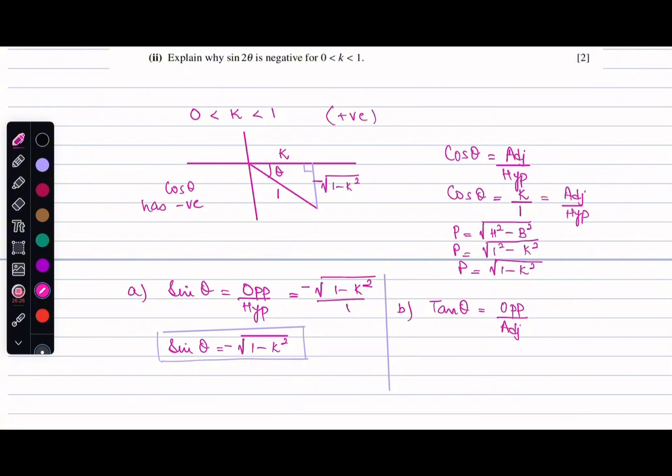Now in this right angle triangle, opposite is negative square root of 1 minus k square, and this gets divided by the k value. So my tan theta shall be equal to negative square root of 1 minus k square divided by k. This is going to be a simple solution to this question.